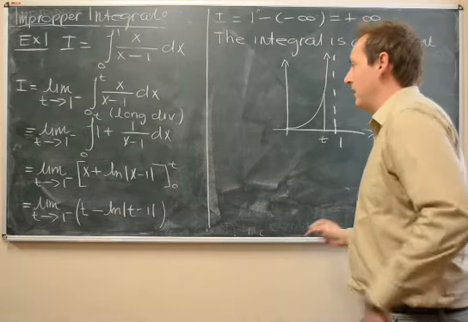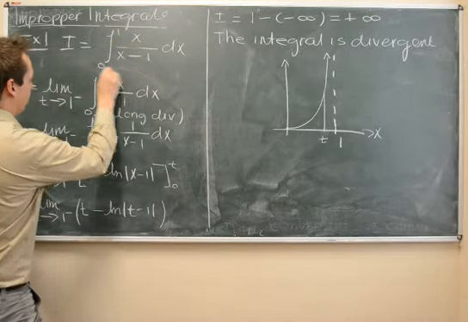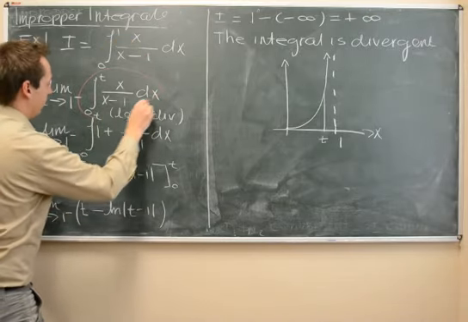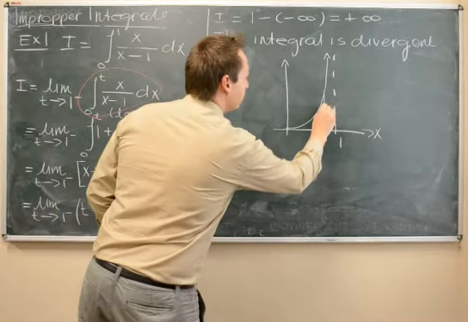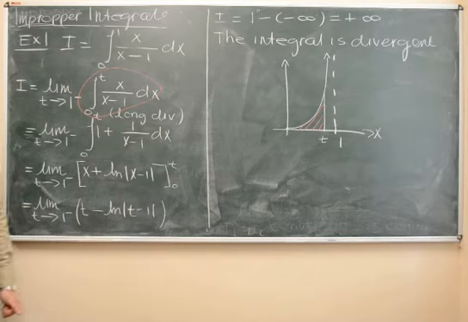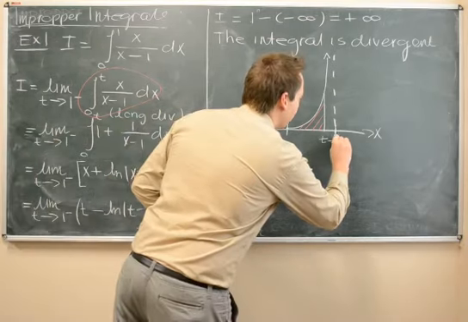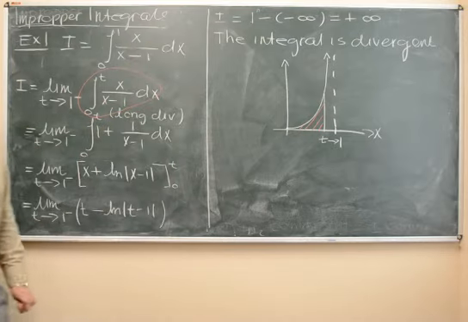Now this definite integral corresponds to that area. And now we're letting t approach 1, and we see what happens to that area. In this case, that area goes to infinity.